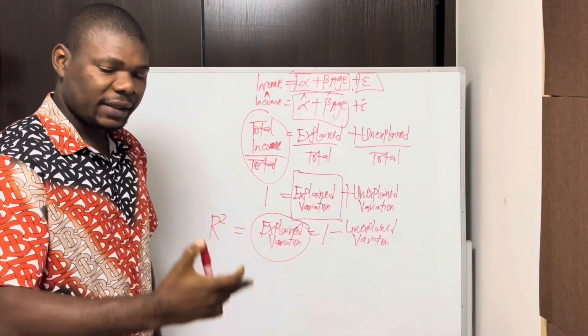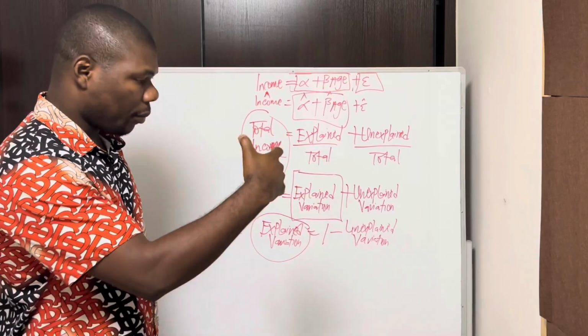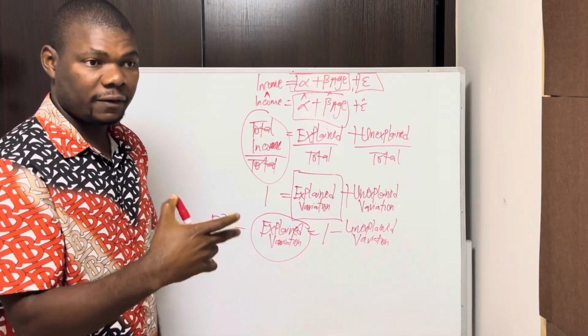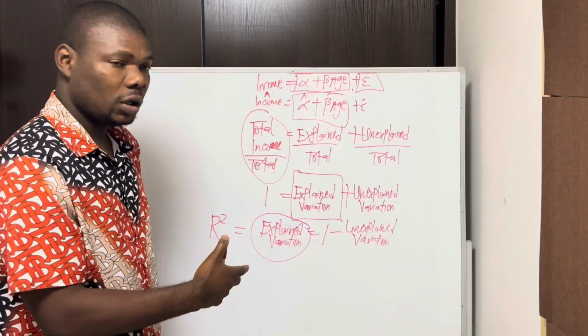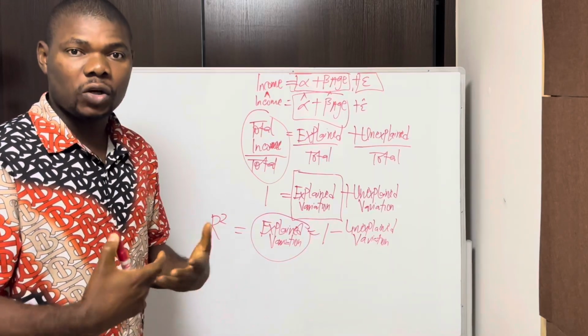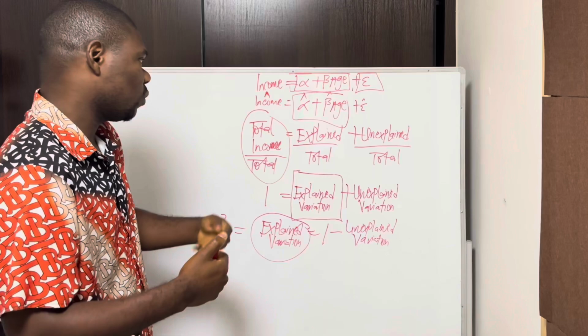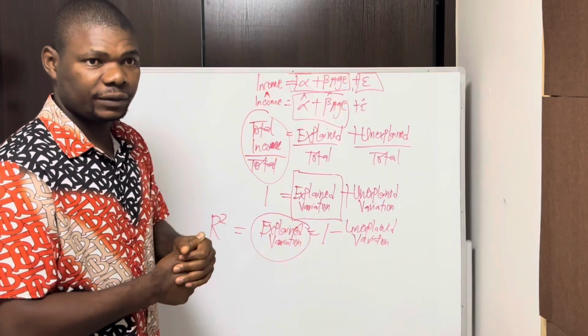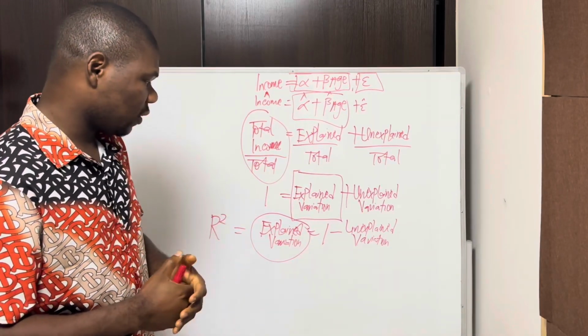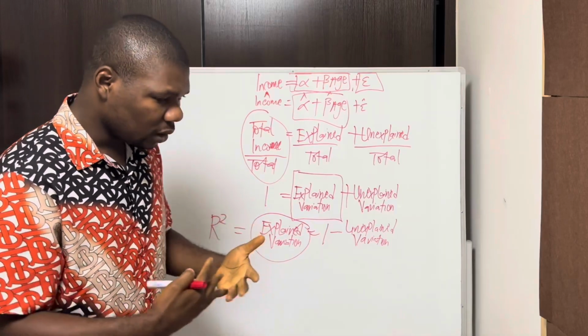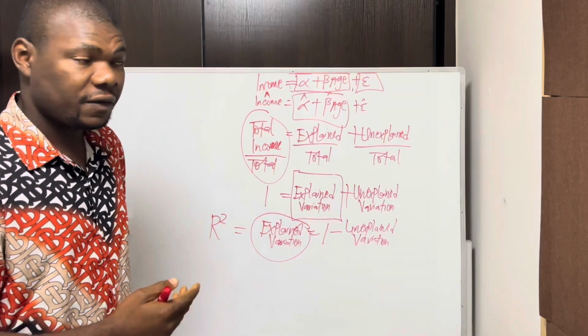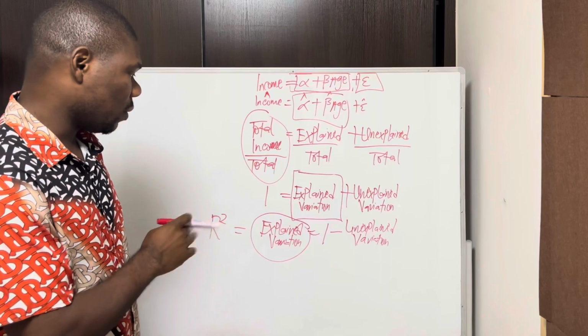The R square basically tells you the proportion of the variation in the dependent variable which is explained by your model, in this case, which is explained by the age. It tells you the proportion of the changes in the dependent variable that is explained by your model.